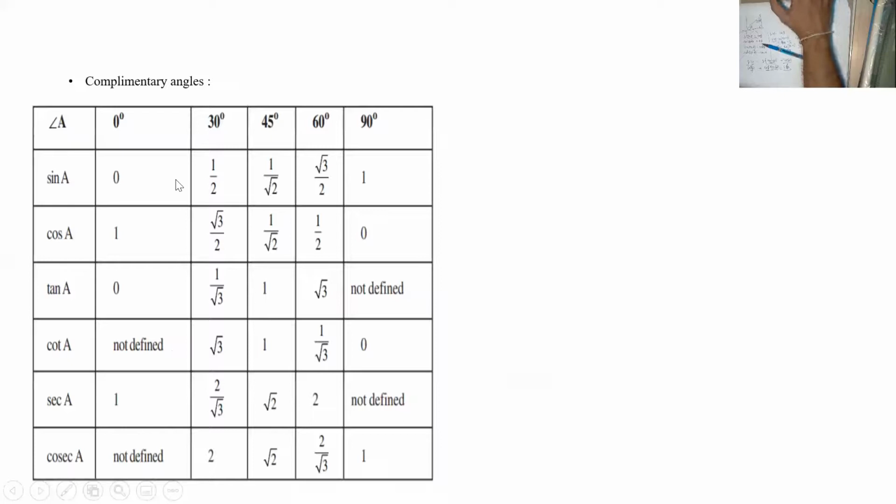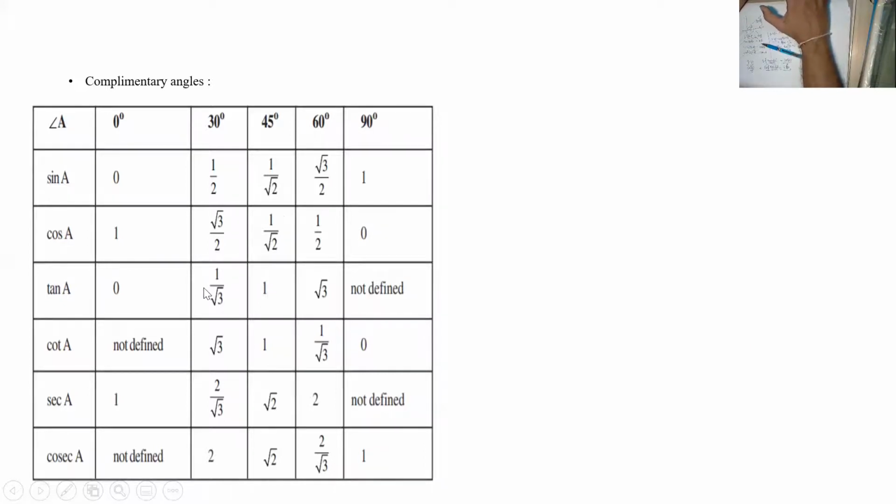You see here, we can observe this. Sin 30 is 1 by 2. Cos 60 is 1 by 2. Cos 30 is equal to sin 60. This is complementary. Similarly, sin 45 is cos 45, because 90 minus 45 is 45. Same thing with tan and cot.